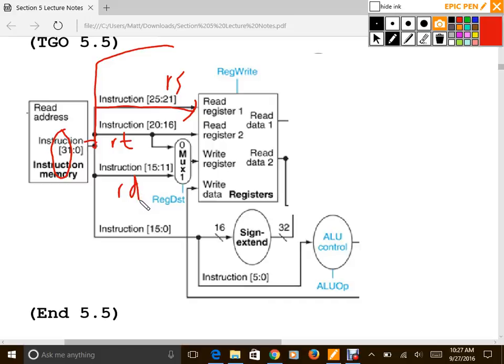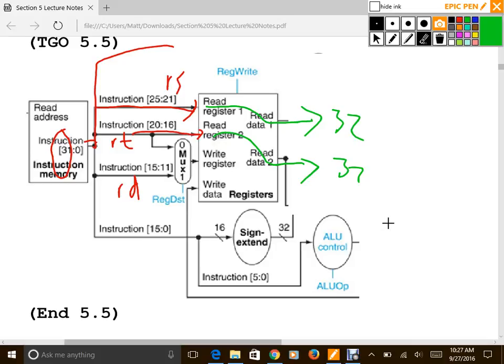If it's an R-type instruction, we're going to go to a second read register, and these values will come out here as 32-bit values, right? Now you can guess that we're going to have more multiplexers out here to clarify all of this. But for the time being, we just have a 32-bit value.